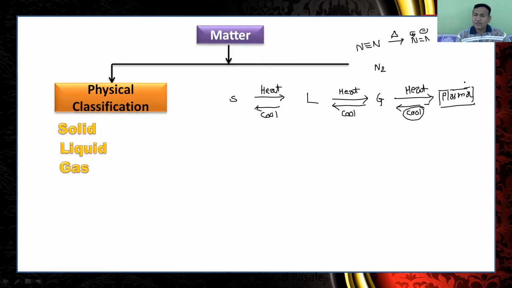So you can find beautiful colors because of the ionization of nitrogen molecules. With the help of YouTube also you can see, or you can use the word aurora, a term used for the beautiful colors in the sky, which is actually the plasma state, the fourth state of matter.